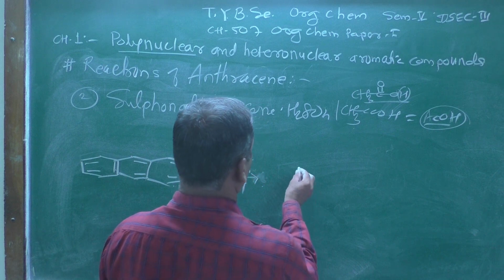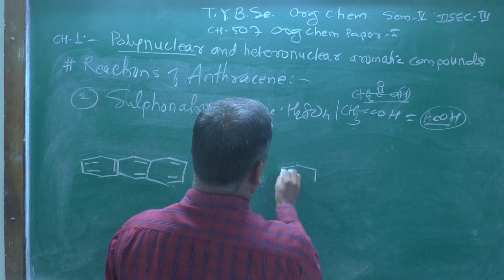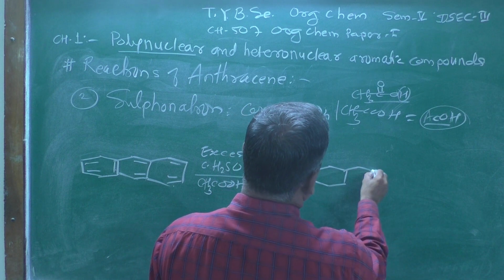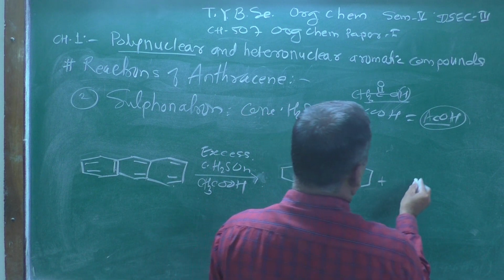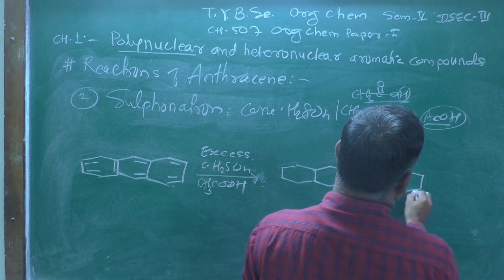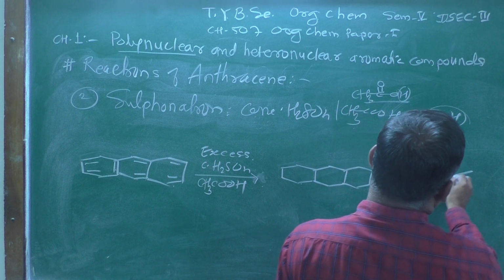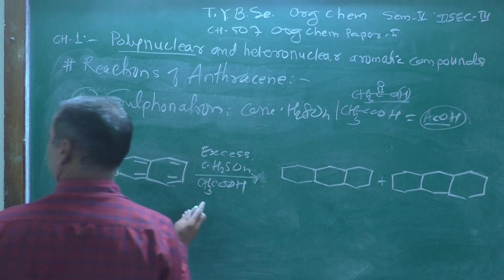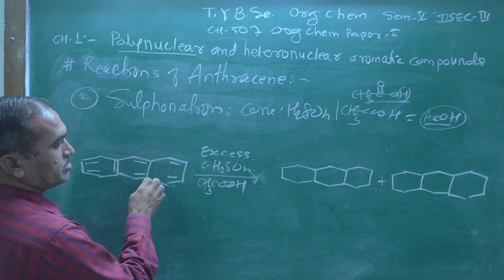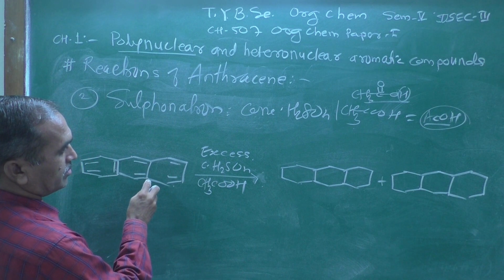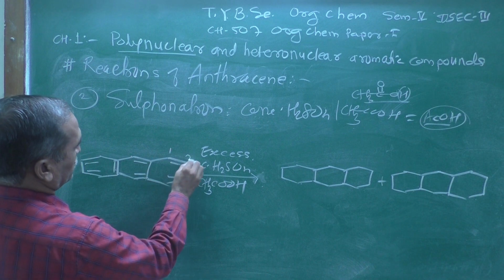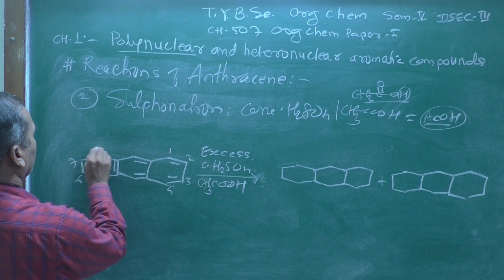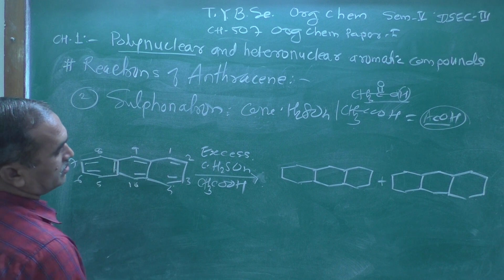Look here, 1,8 disulfonic acid is the one structure which I am representing here, you can see clearly. Another structure I am representing over here. Now the numbering system used here is 1, 2, 3, 4, 5, 6, 7, 8, 9 and 10.